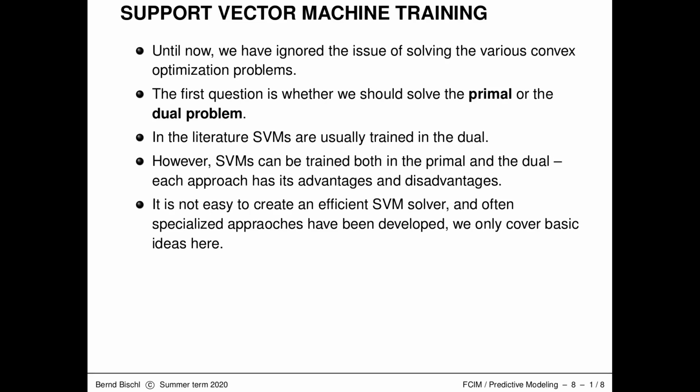I should also say that it's not super easy to create an efficient support vector machine solver. So this is why there are so many papers out that discuss further improvements or just simply different algorithms. A lot of stuff has been tried, and I will only cover basic ideas here in this lecture unit, and not complicated numerical extensions or heuristics to speed the thing up.